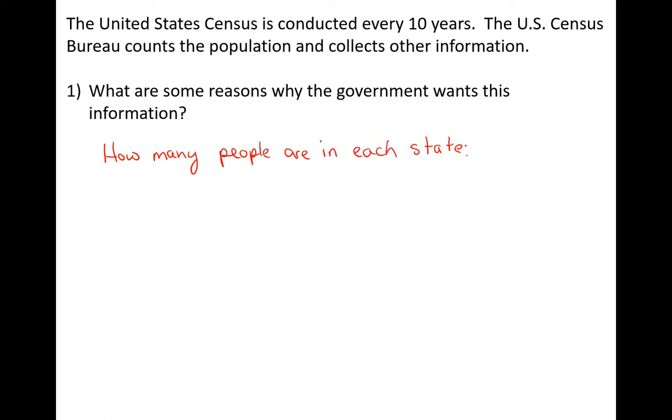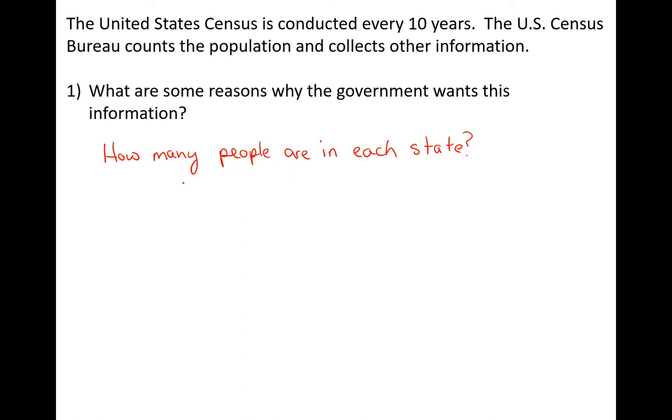Now, you probably know that every state gets 2 senators, but the number of representatives you get in the House, the number of congressmen, depends on how large the state is. That's by population. Large states receive more congressmen, small states have less. So there are states that maybe have 2 representatives, whereas Texas has quite a few representatives.